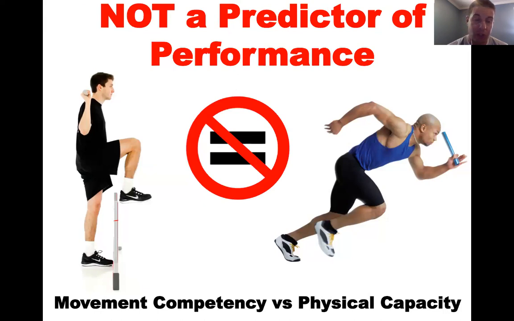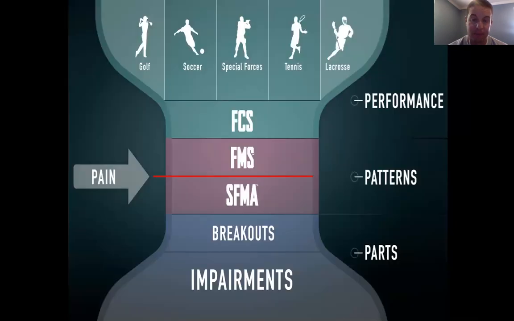So just because you can do something like the hurdle step that you see on the left and do that with proficiency does not necessarily mean you're going to be able to run faster. But what we can tell you is that if you can't achieve at least a 1 on the hurdle step, it is going to be a significant roadblock and barrier to being able to achieve proper running mechanics.